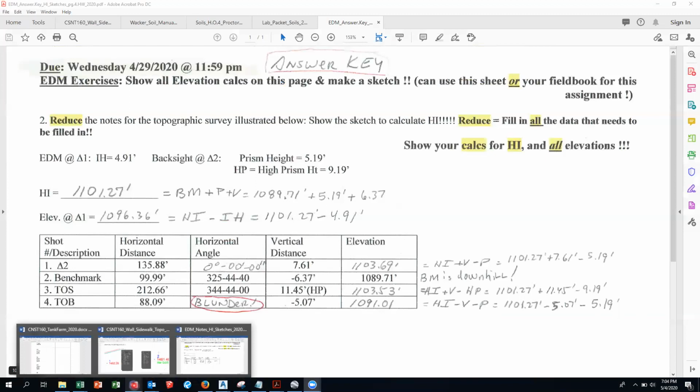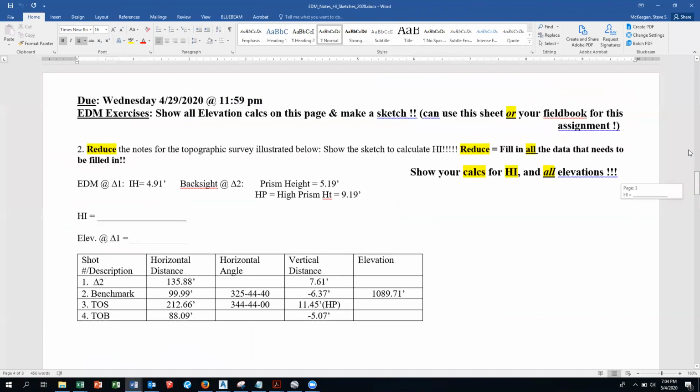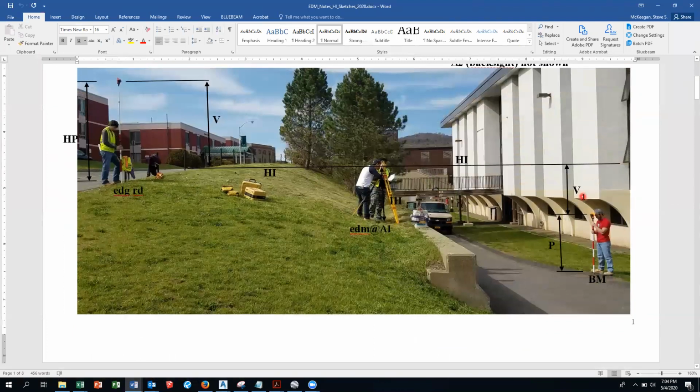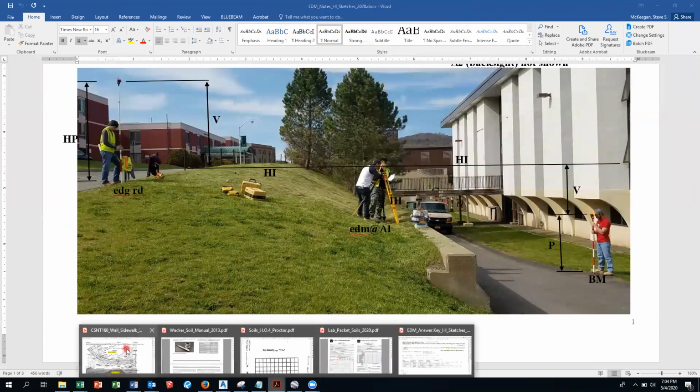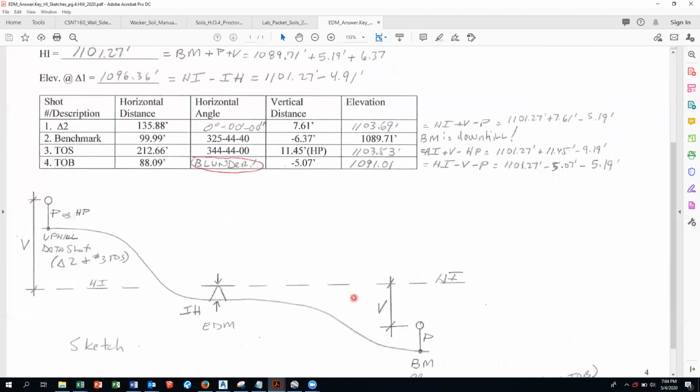And what I would recommend to you is go back to this PDF that is on Venko and really get familiar with these photographs, because your sketches, I would dare say over half, were nowhere near what the sketch looks like that we've been working on.